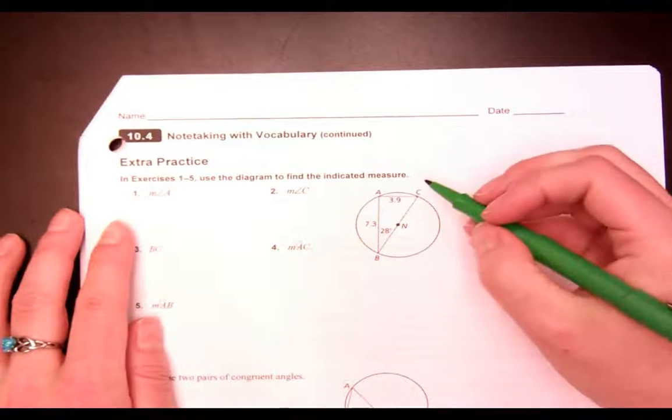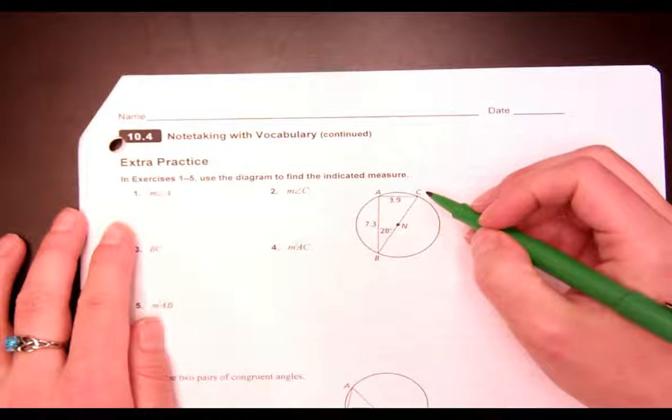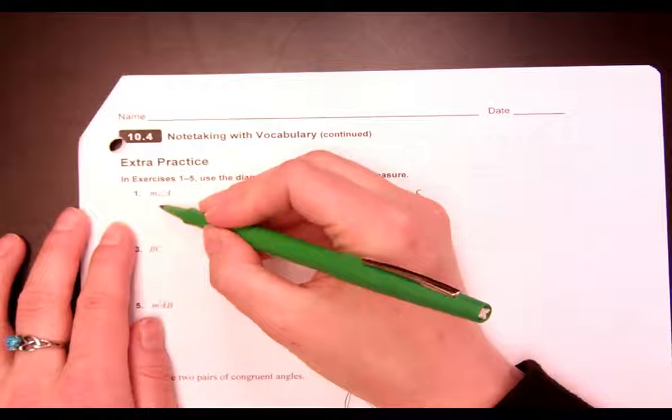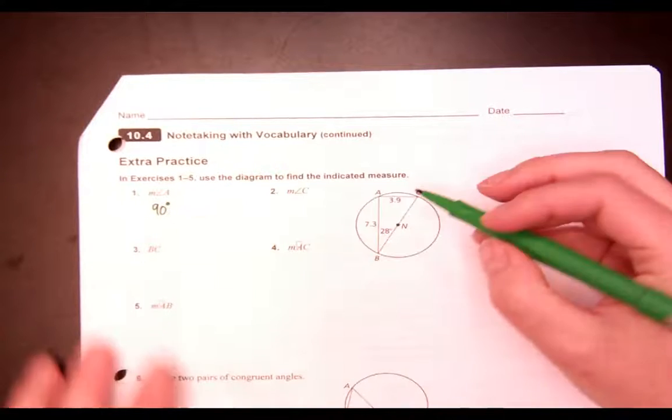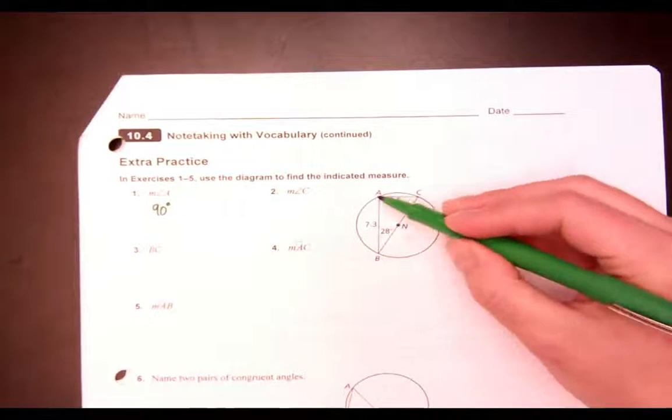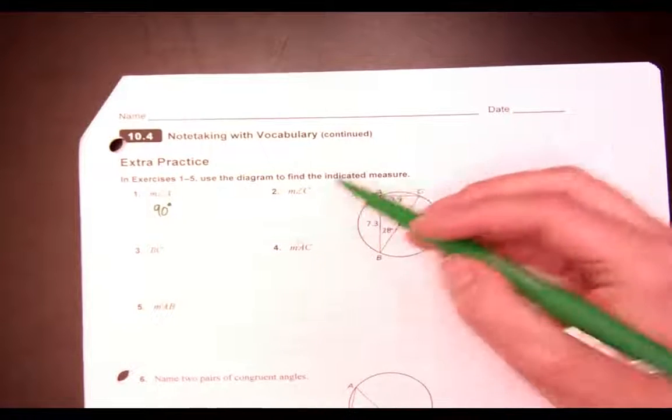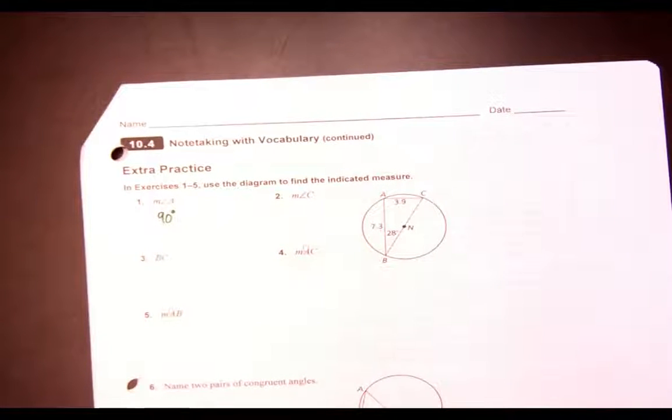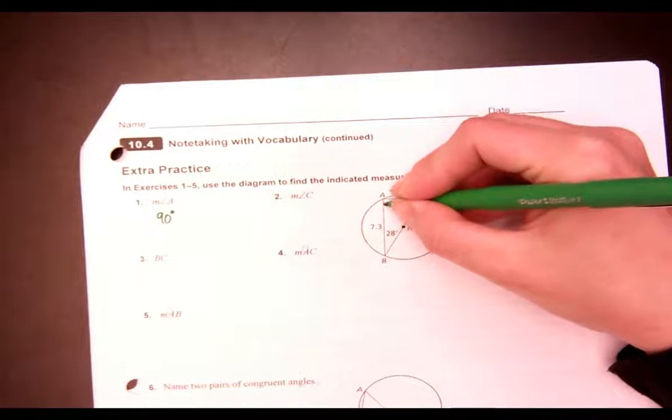What is the measure of angle 1? 90. How do we know that? Yeah, it's that triangle with a diameter. What is the measure of angle C? What could we do knowing that this angle's 90?